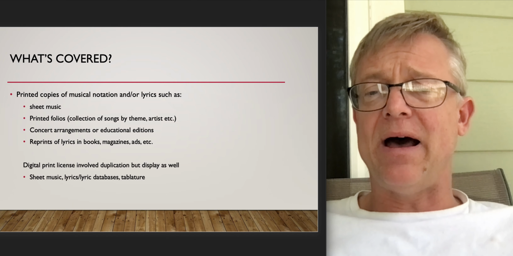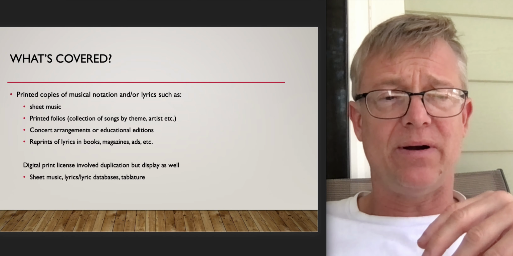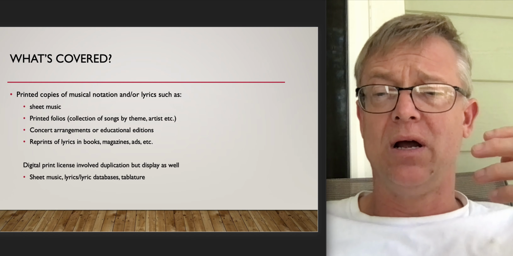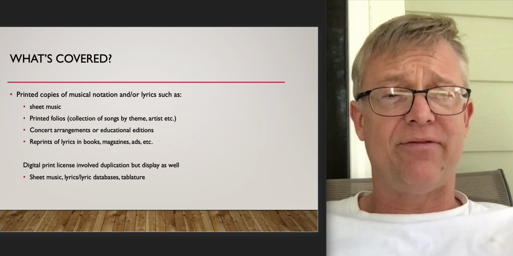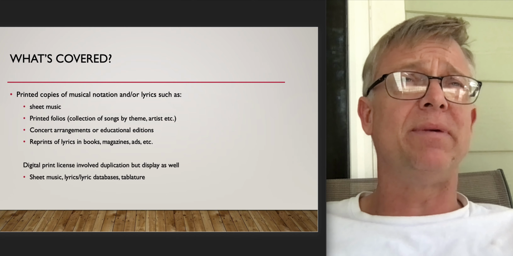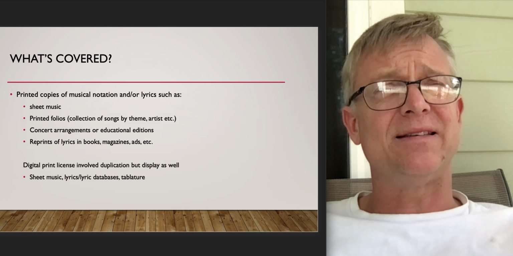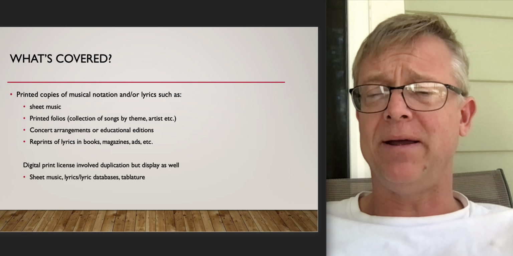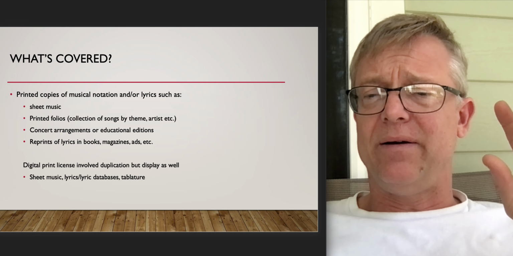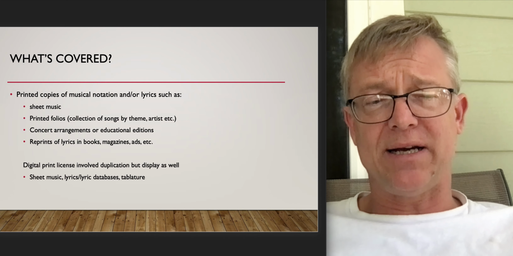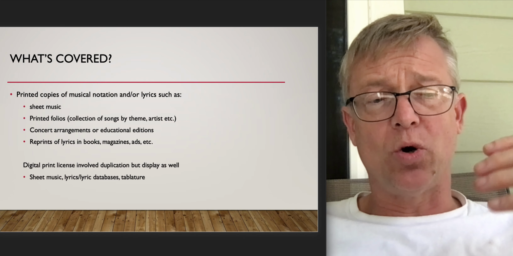And then you may have educational editions, like how to play the piano, or concert arrangements of, say, Beethoven's Moonlight Sonata. I think that's in C sharp minor? I think it may be. Another type would be a score for multiple instruments.